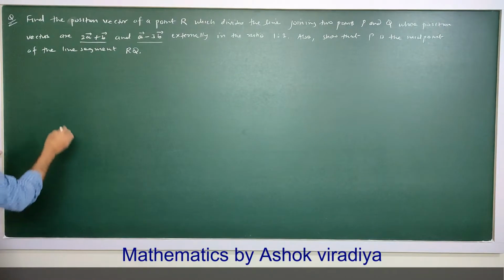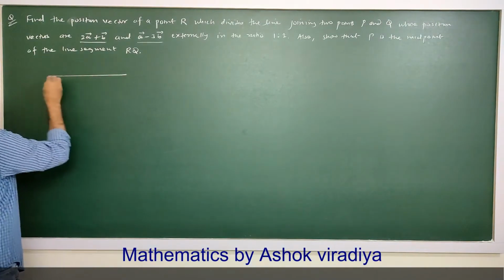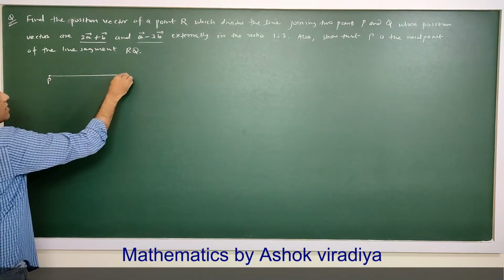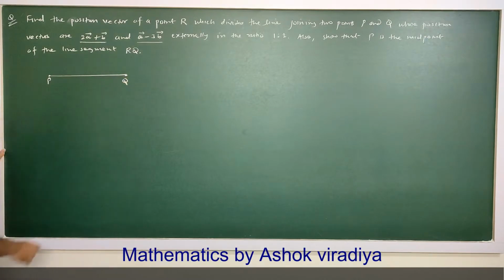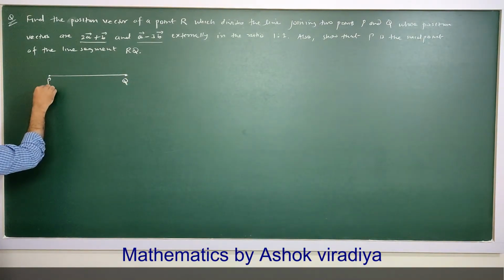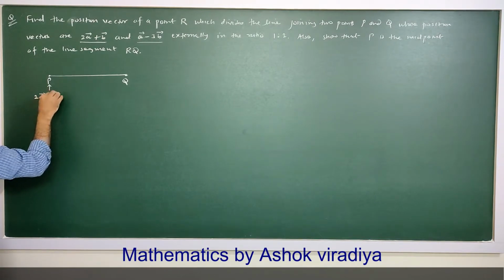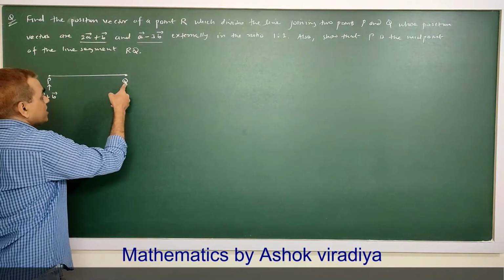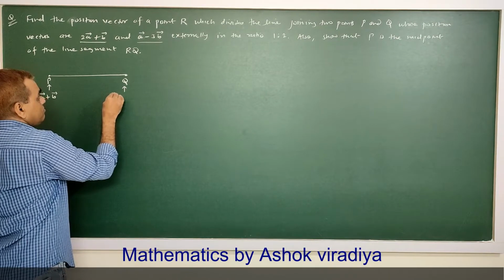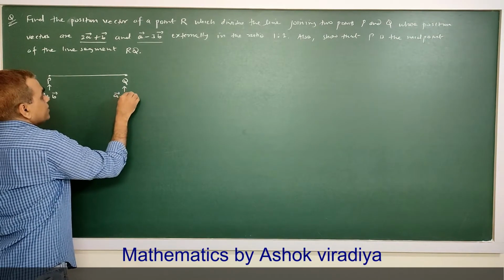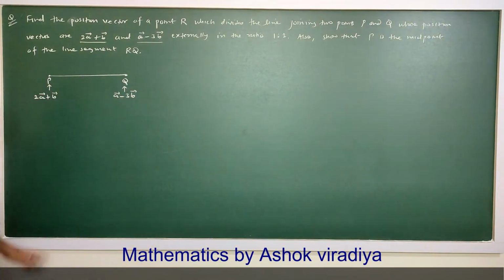So say here we have P and Q. Position vector of P is 2 times vector A plus vector B. Position vector of Q is vector A minus 3 times vector B. So these are position vectors.